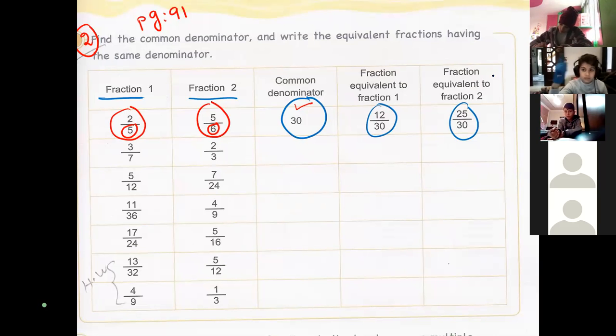Jawad Shamsuddin. How do we find the common denominator between 3 over 7 and 2 over 3? We have to write the tables of the denominators, 7 and 3.